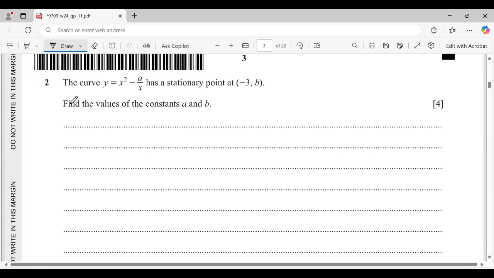A stationary point occurs when dy/dx equals 0, based on this information and on this coordinate point.